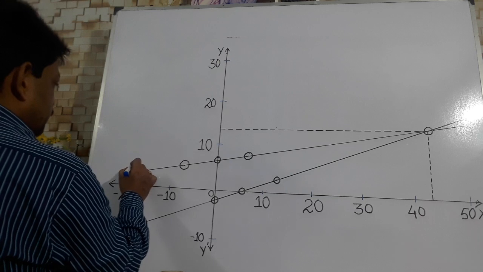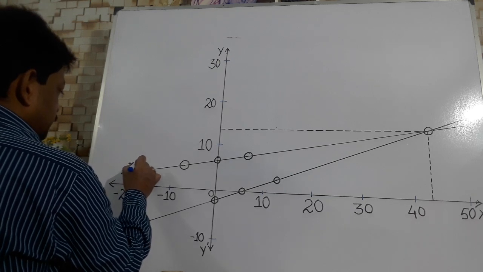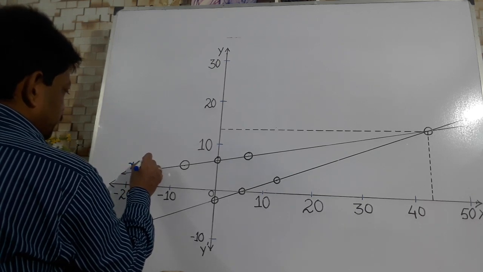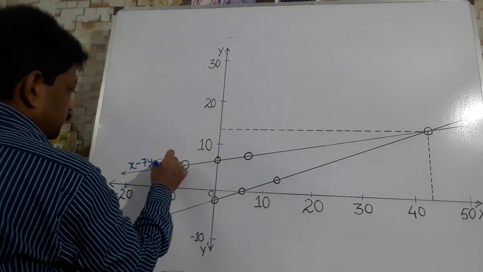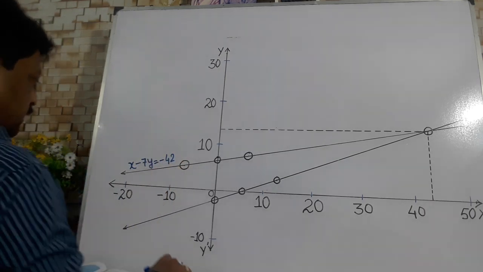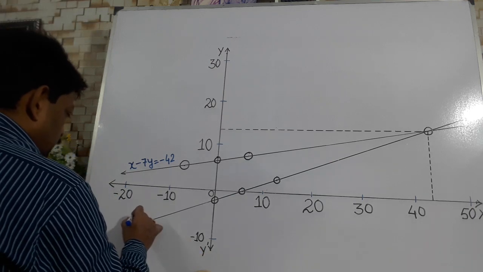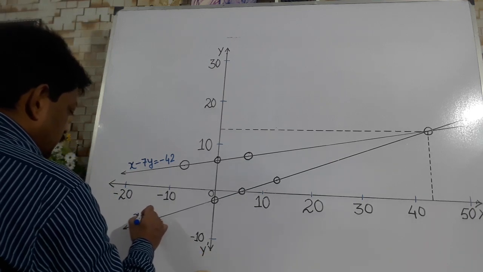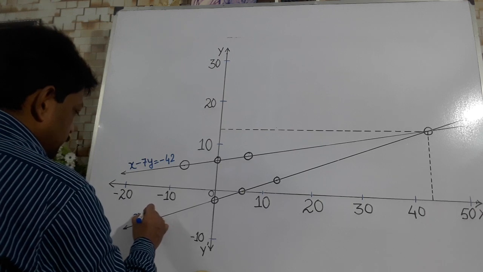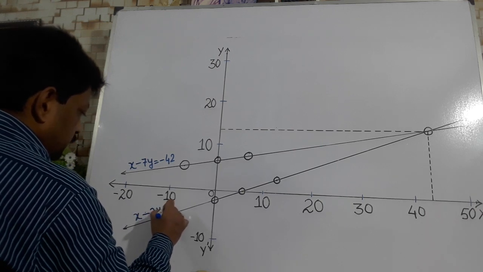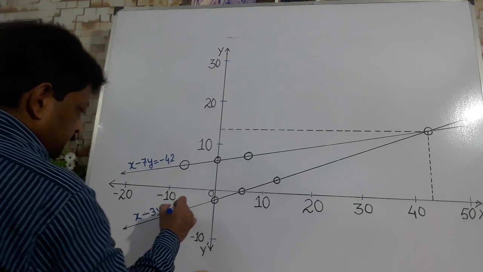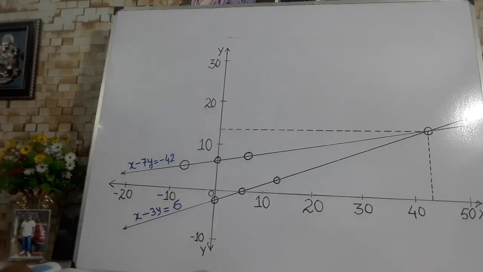The first one was x minus 7y equals minus 42, and the second was x minus 3y equals 6. These are the two equations.